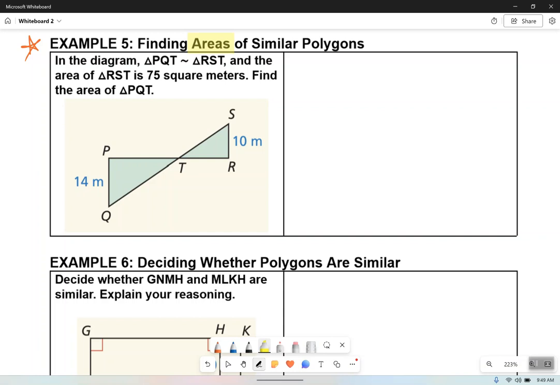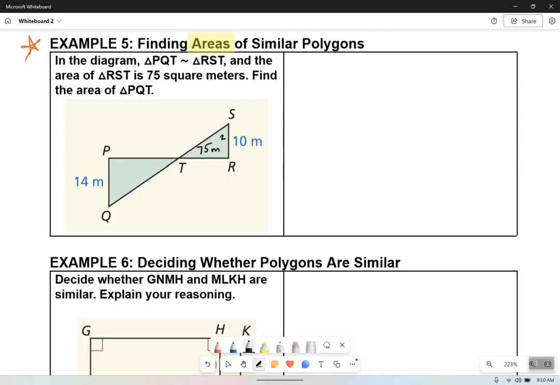And the area of RST is 75 square meters. Find the area of what? Okay, it's not saying distance around anymore. So what this is saying right here, the area of RST is 75 square meters in here, okay? That green shaded part in there is 75 square meters, okay?